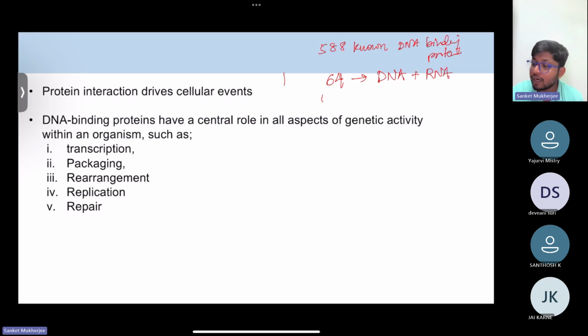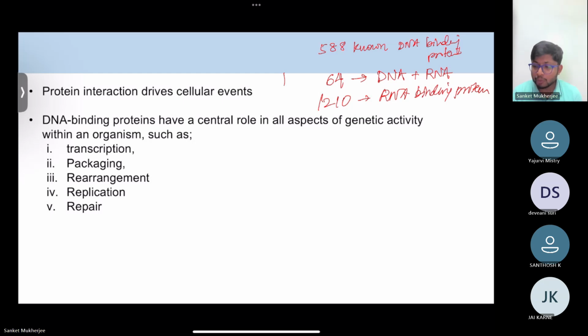And then there are 1210 RNA binding proteins. So clearly, RNA is a little bit less stable than DNA. It requires protein anyway in its life in a cell.